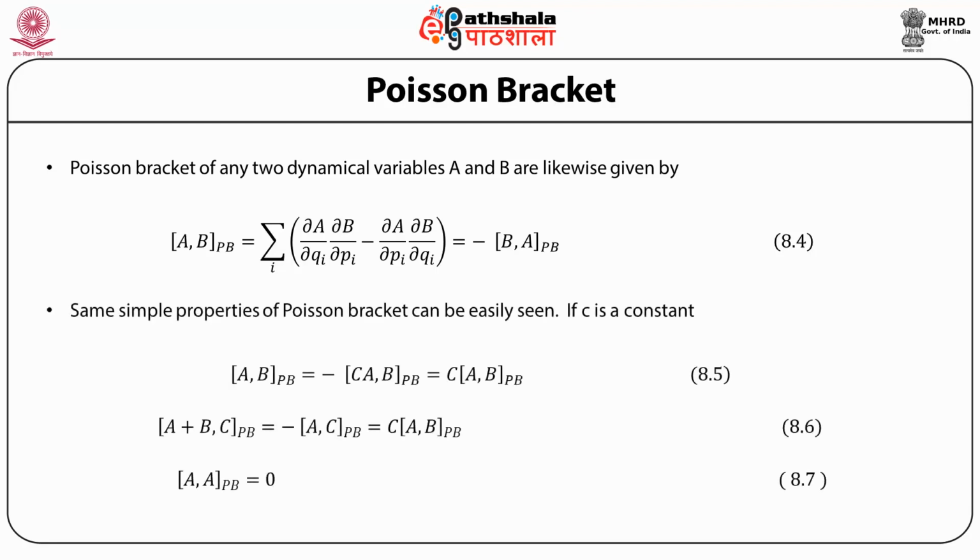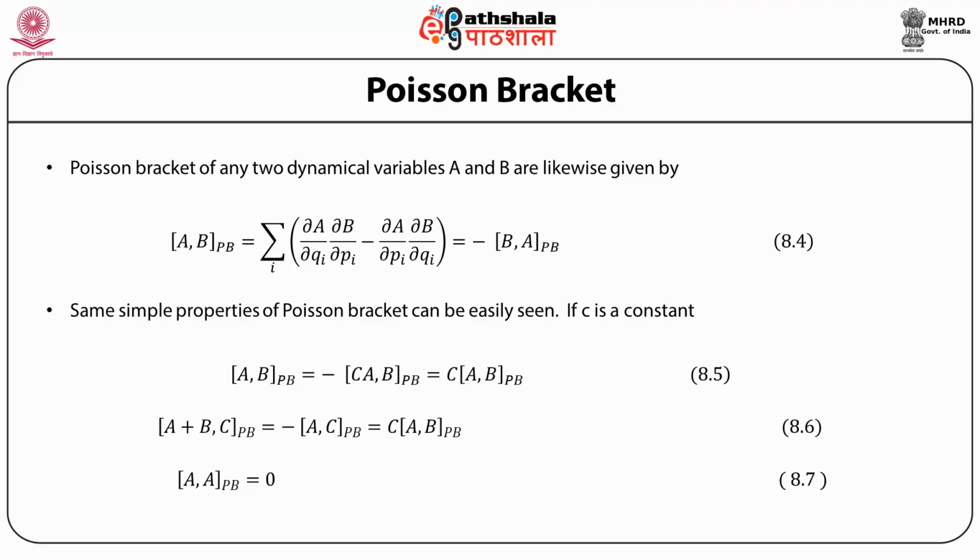Some simple properties of the Poisson bracket can be easily seen. If c is a constant, then the Poisson bracket of c times a with b is equal to the Poisson bracket of a with b multiplied by the constant c itself. The Poisson bracket of a plus b with c is simply equal to the Poisson bracket of a with c plus the Poisson bracket of b with c.